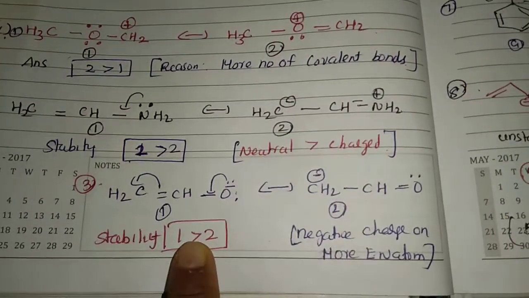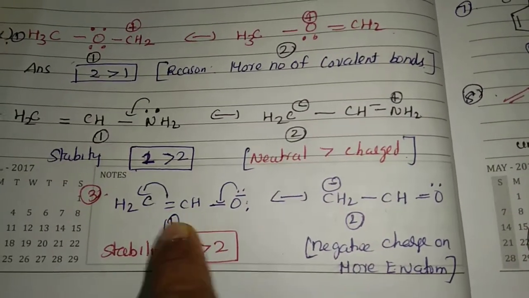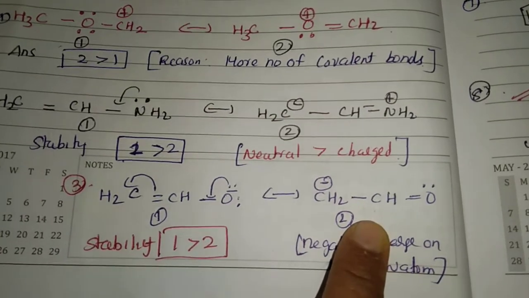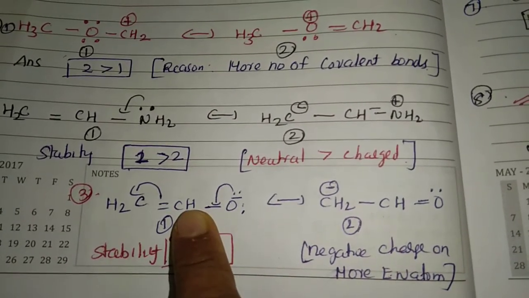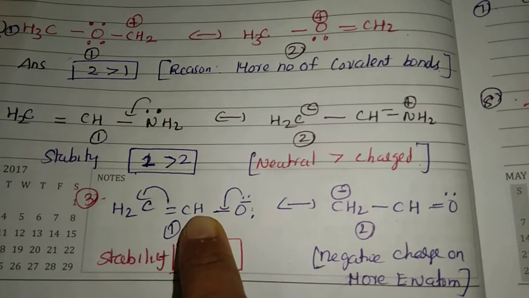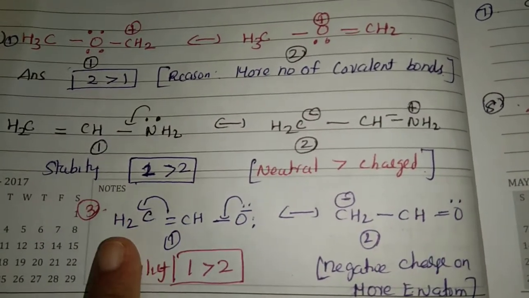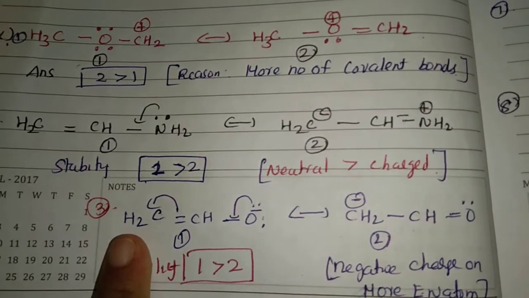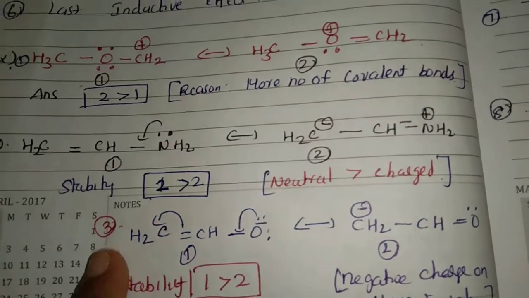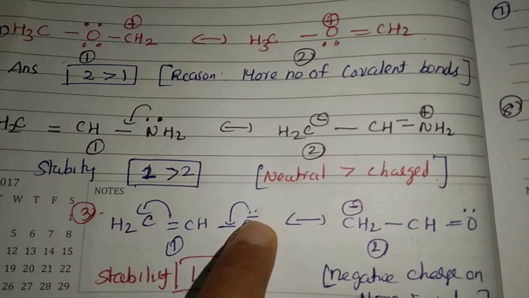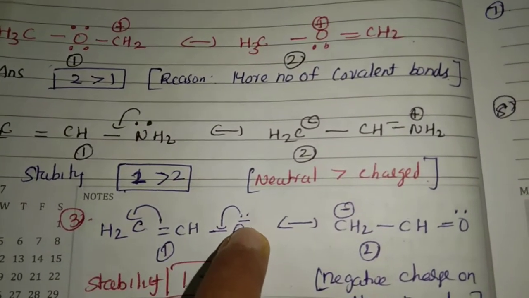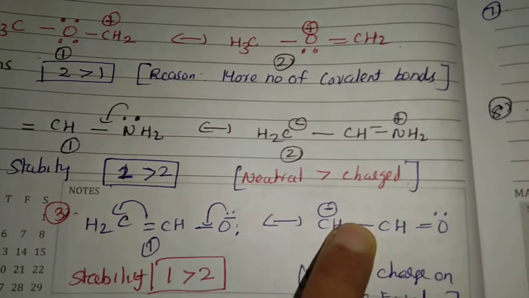Next, example 3, structure 1 and structure 2. First find the number of covalent bonds: 1, 2, 3; 1, 2, 3. Equal number, so you cannot find the stability. Second rule: the first one is also a charged species, and the second one too.